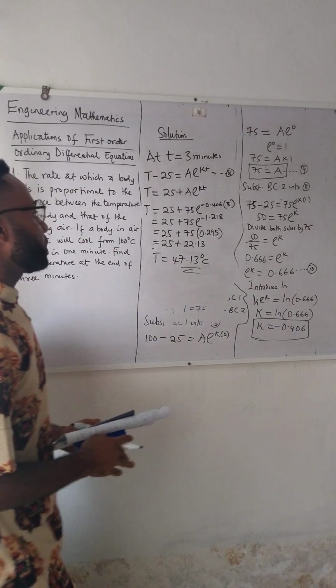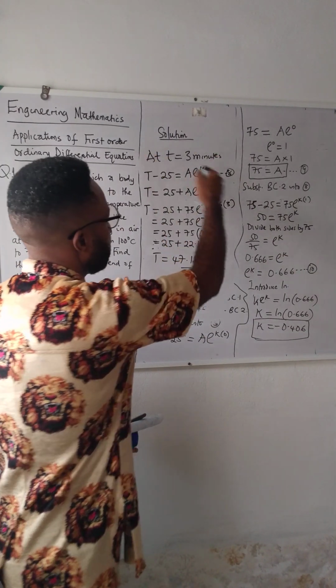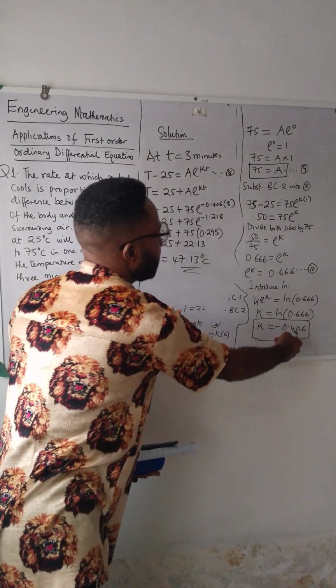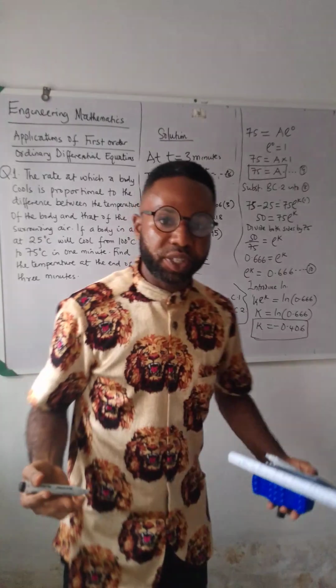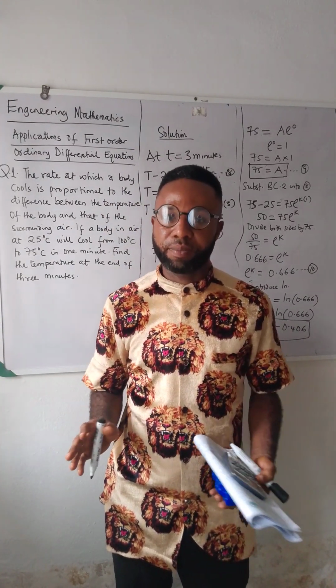That's what it means. And so with this formula, using the value of the constant and that of A, you can actually predict the temperature of this body at any given time. Thank you.